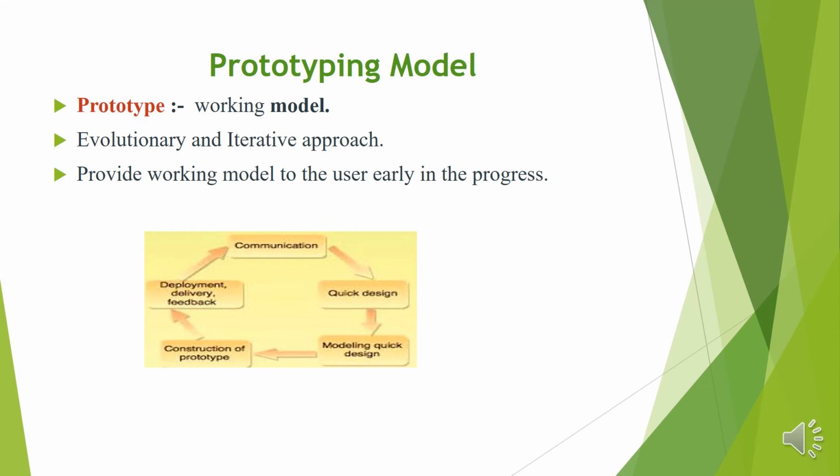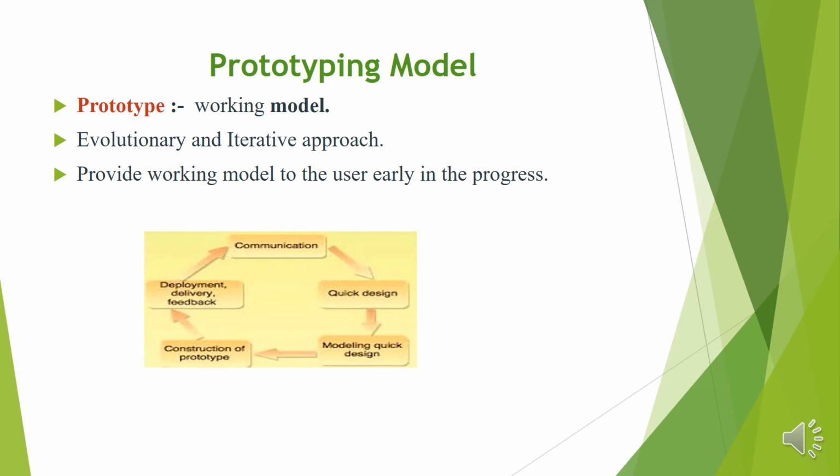The prototyping paradigm begins with communication. The software engineer and customer meet to define the overall objectives for the software, identify whatever requirements are known and outline areas where further definition is mandatory.